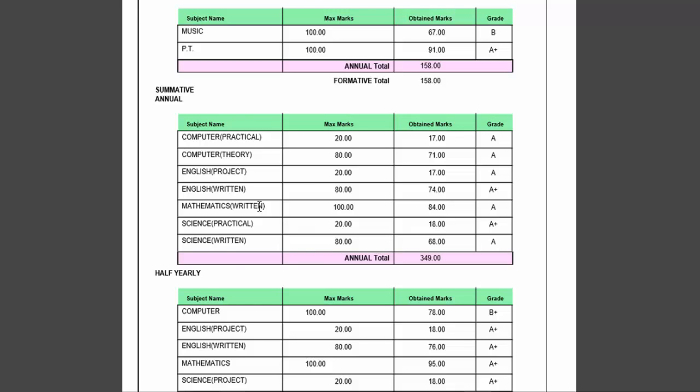If you scroll down, you'll see that the exam name under the summative category is shown here. These are the subject names, these are the maximum marks, these are the obtained marks and the grades, and the annual total is 349.